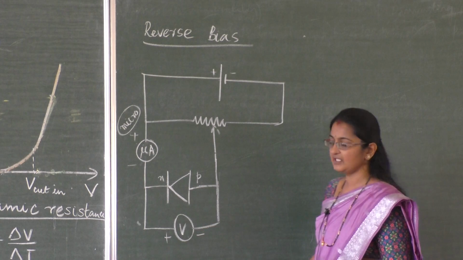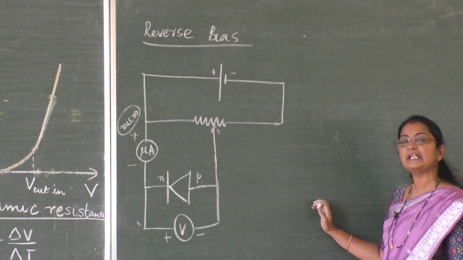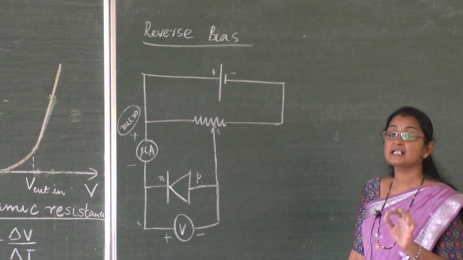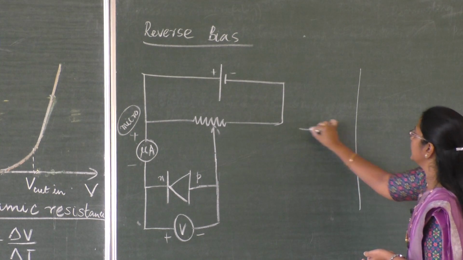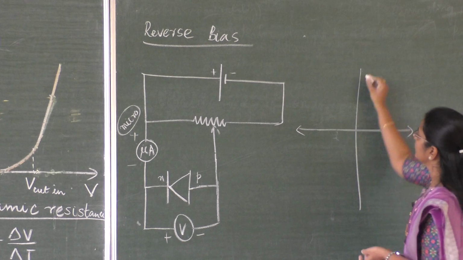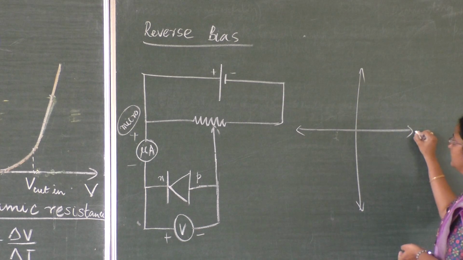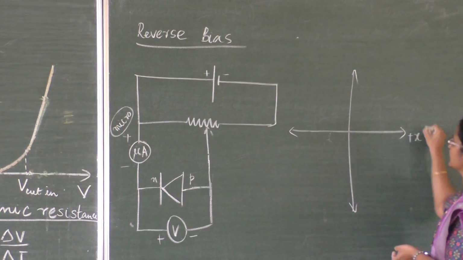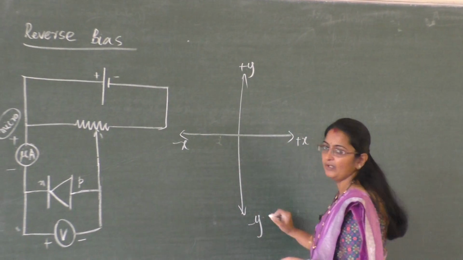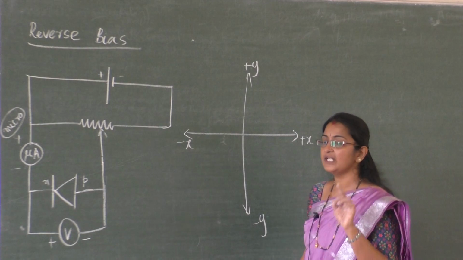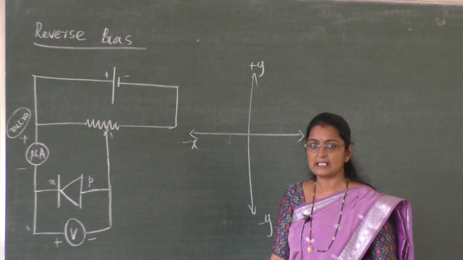Now since it is a reverse bias, for the graph also we are taking the negative x-axis and negative y-axis. Where will that negative x and negative y come? In the graphical representation, this is positive x-axis, positive y-axis, negative x, negative y. Now always voltage is represented along the x-axis.